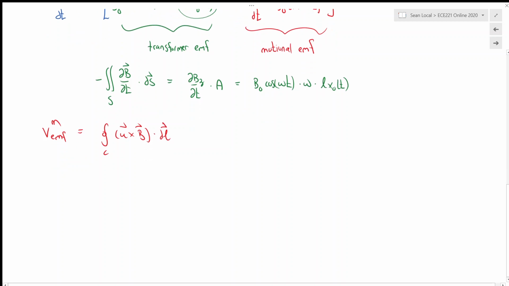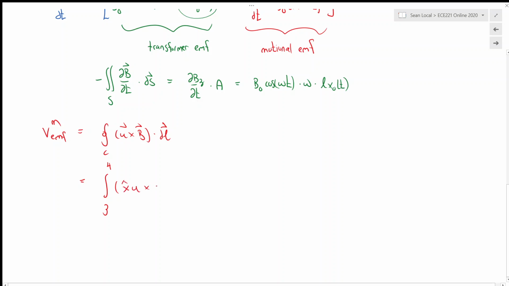While we integrate over the whole loop, there's only one section that's really important to us, which is the moving bar section, so we'll integrate from point 3 to point 4. Our velocity is in the x direction with a value of u.